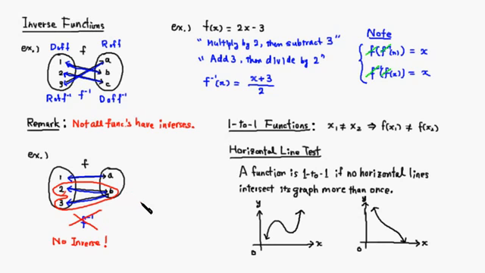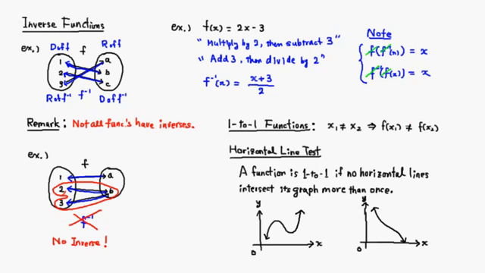So there is a type of function called a one-to-one function, where we add an extra condition. A function is called one-to-one if x1 different from x2 implies the corresponding y values, f of x1 and f of x2, are different.